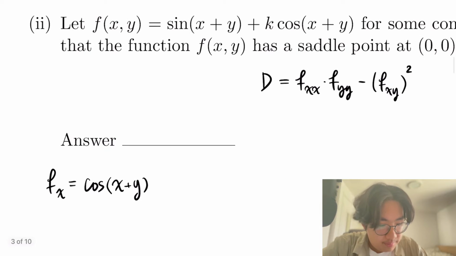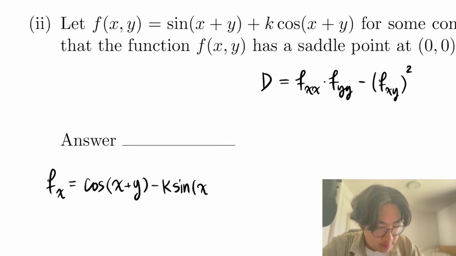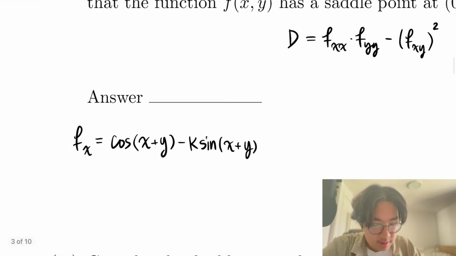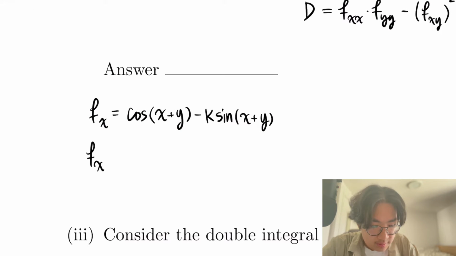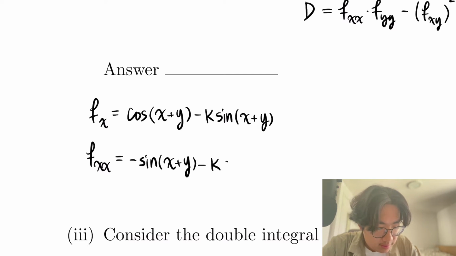And then we're again taking the derivative of cos, so it's just negative sine, so minus k sine of x plus y. And then for f sub xx, we just take the derivative again with respect to x, so this becomes negative sine of x plus y, and then minus k times cosine of x plus y.